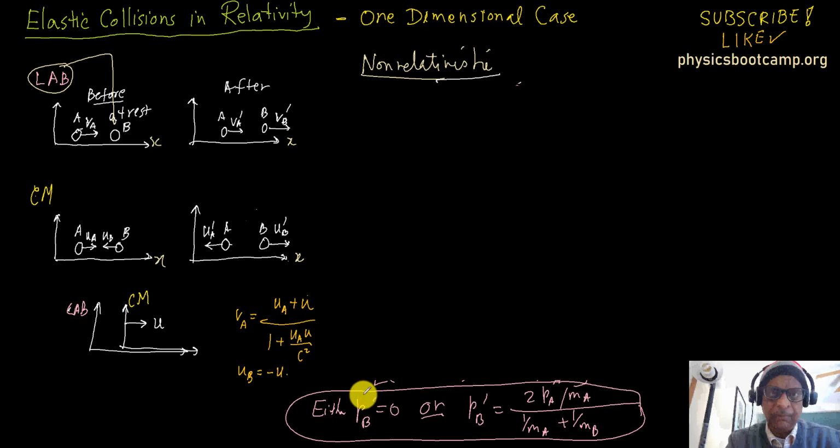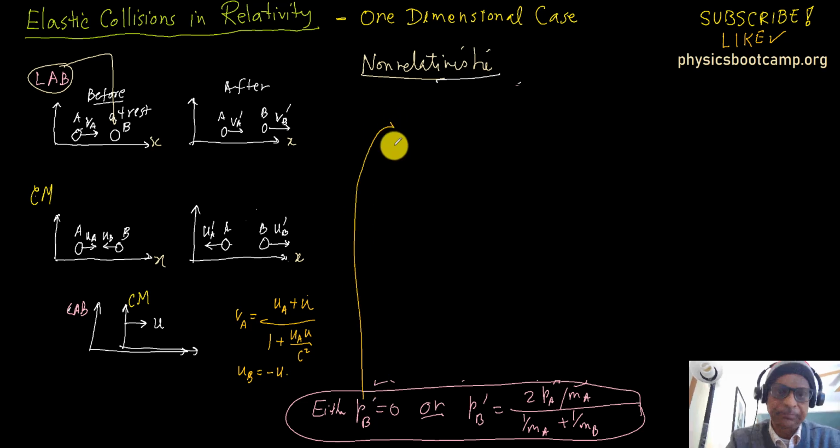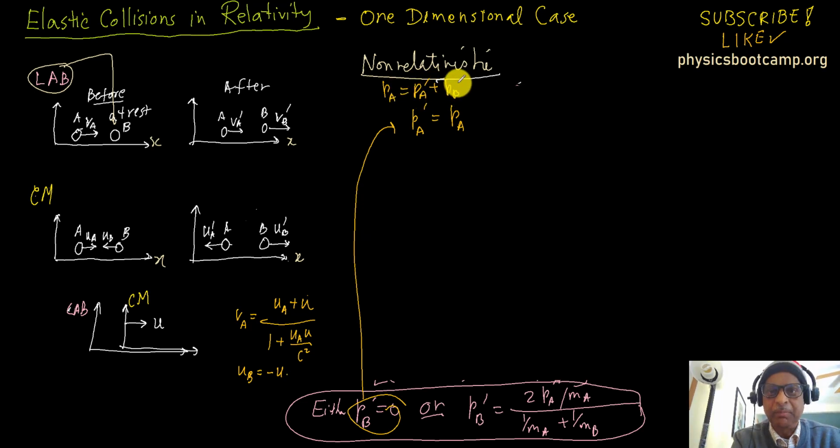If I have a choice of this, when this is the case, what happens? PA prime will become PA. Remember, PA equals PA prime plus PB prime, so from there I plug in 0.